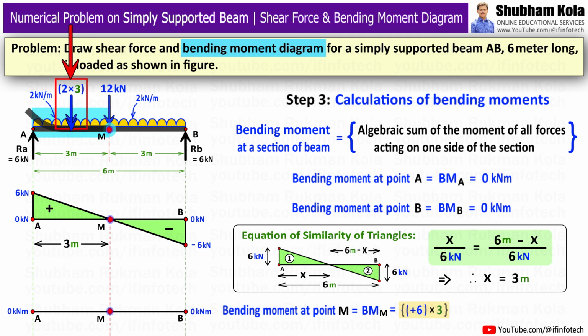Now this converted point load is acting at the midpoint of this part of the UDL in the downward direction. Due to this converted point load, the beam shows hogging effect, and for hogging effect of the beam, I will consider this force as negative. So I will add this converted point load with negative sign. And I will multiply this force with the distance from the point of action of the force, that is 1.5 meter.